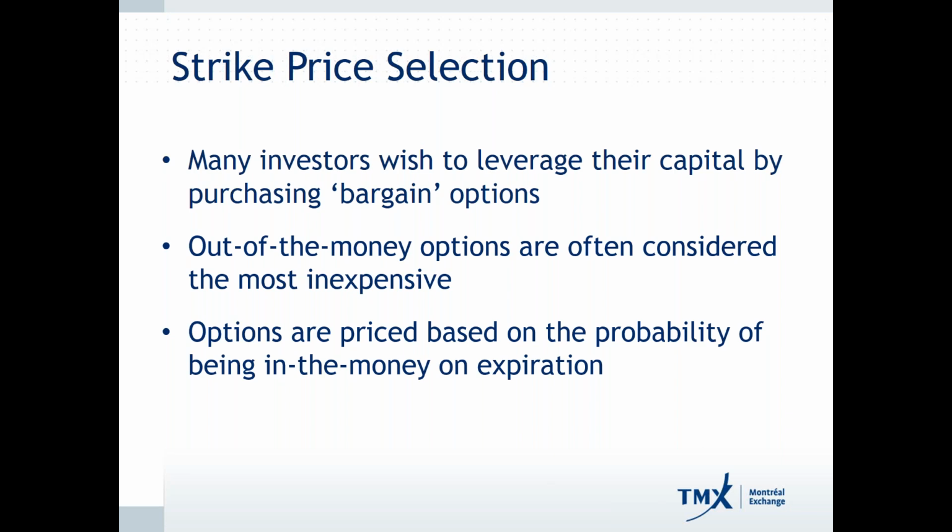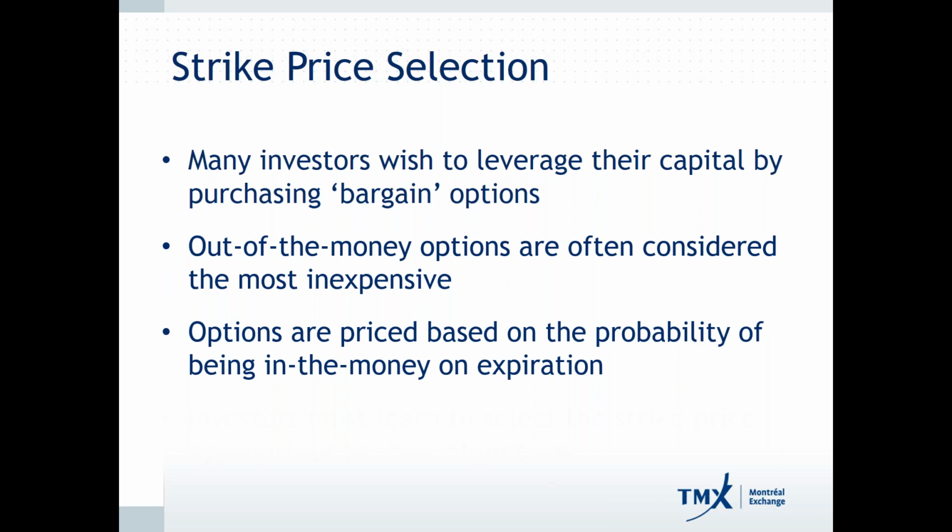What you want to recognize is that the process by which you're choosing those options is a direct derivative of the probability that you're actually going to be making money. By inadvertently focusing on the cheapest options you can find, you're also picking the options that have the greatest chance of expiring with no value, right?